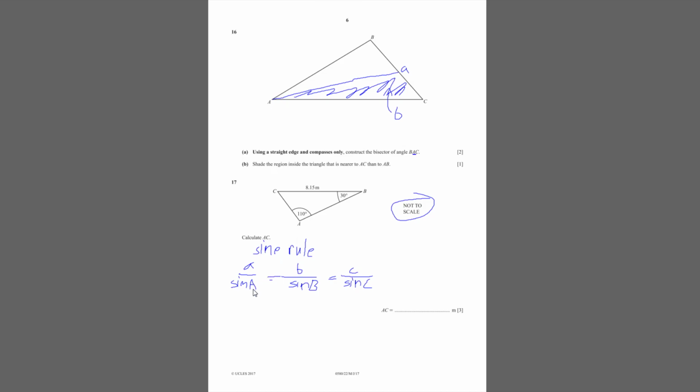So small a is the side opposite to angle A. So we have large A here. That means 8.15 is a. So we are definitely using this in the equation.